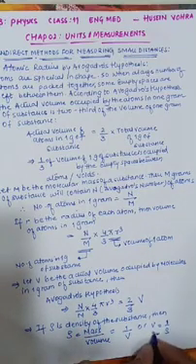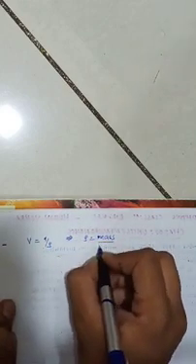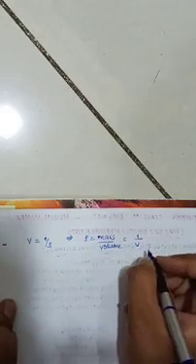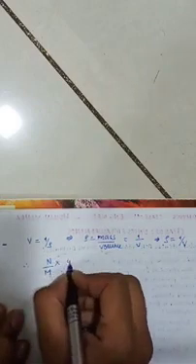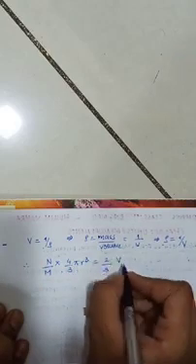Clear or not? Now moving ahead, we have recently derived that V is equal to 1 by rho from density is equal to mass upon volume. Mass we have taken 1 gram, volume we have taken V, so we got an equation rho is equal to 1 by V. From that we can derive V is equal to 1 by rho. Clear? Now we can put into the equation, that is N by M, number of atoms, into volume of each atom, that is 4 by 3 pi r cube, equal to 2/3 of its volume.